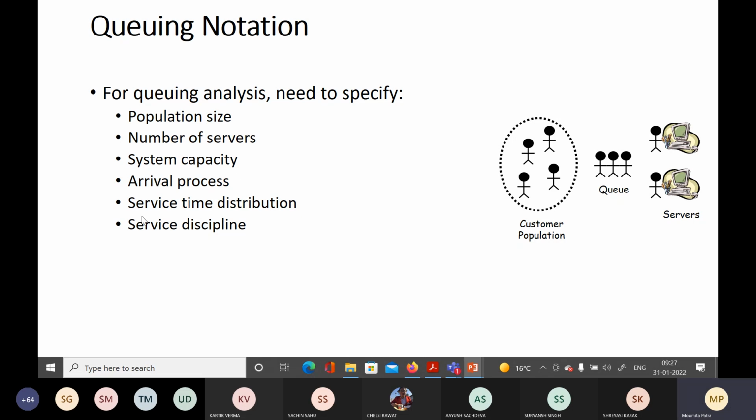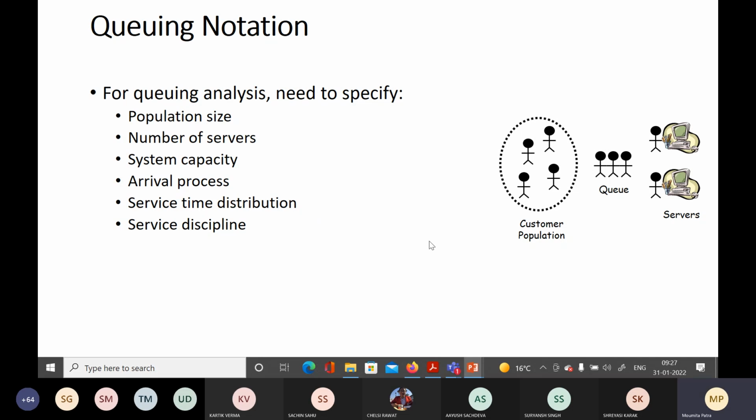That is what is important here. Then what is the service time distribution? That means how much service time is required for each of the jobs arriving into the queue. How the server is serving the jobs will be determined by the service time distribution.